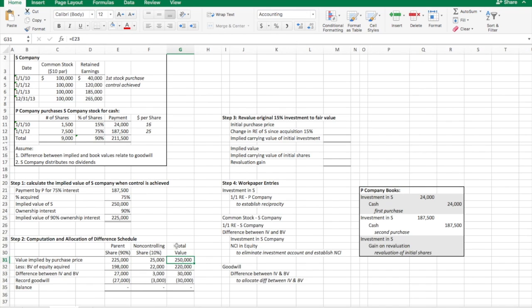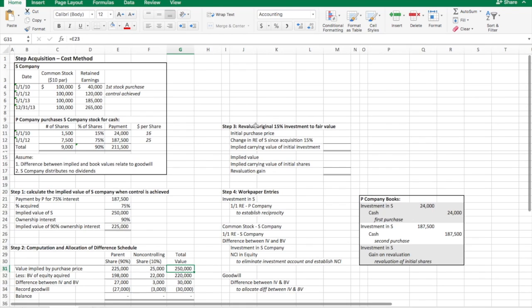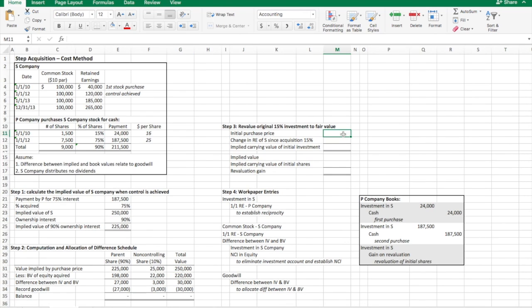And so then we have our schedule all put together, and we can move to step 3, where we'll need to revalue the original 15% investment to fair value. So first we need the initial purchase price, which was given as $24,000, and we also need the change in retained earnings of the subsidiary since acquisition, and we need 15% of that, since that was the initial investment percent.